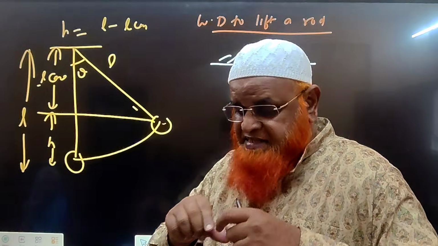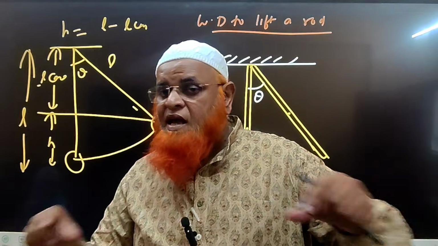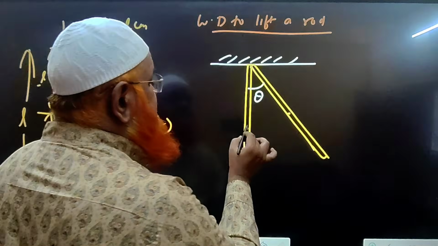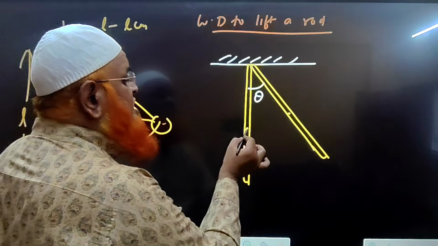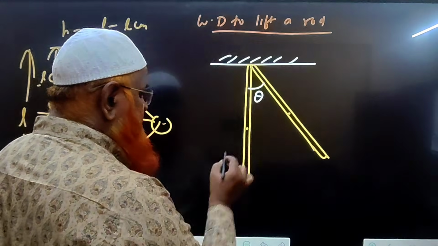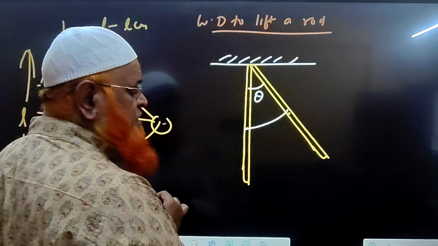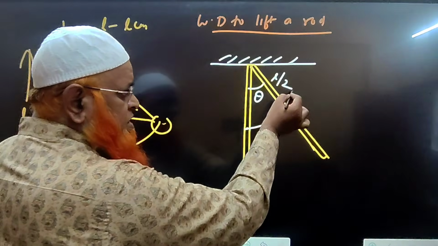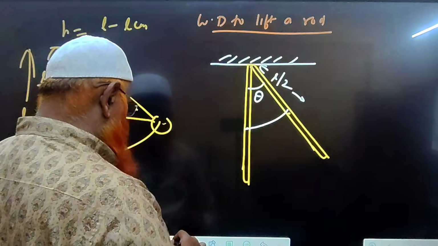But here, as it is a uniformly distributed body, a rod, we should consider the reference point as the center of mass. So now the center of mass is lifted. This center of mass is lifted from here to here. From here to here is half of the rod.